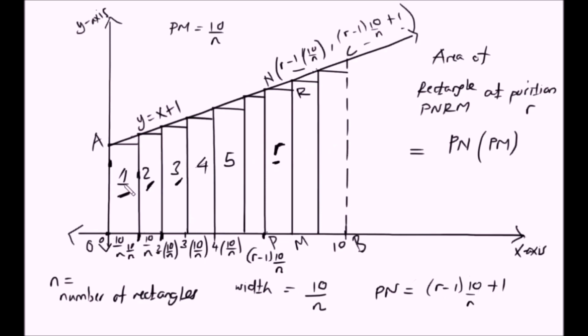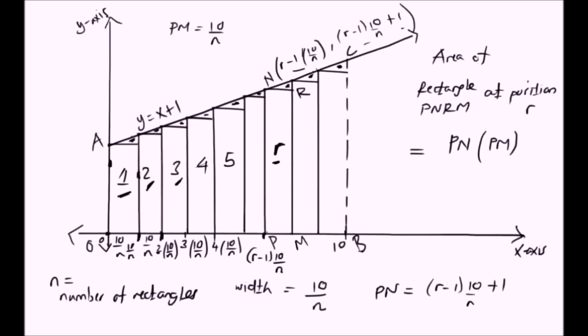Sasa je, nikijumlisha areas za hizi rectangle, je, napata area ya trapezium OACB? Hapana. You can see baada ya kuchora hizi rectangle kuna kasehemu kanabaki. Umeona? Kwa hiyo kumbe nikijumlisha area ya hizo rectangle sipati area ya trapezium kwa sababu kuna sehemu hapa nimeiacha. Okay?